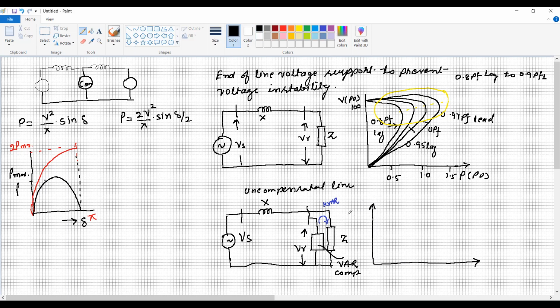We are going to draw the voltage in PU versus power in PU, at the same 0.5 PU, 1 PU, 1.5 PU, and here is 1 PU, 0.5 PU. So it is found that the characteristic under such condition is that the voltage profile of the load is constant.